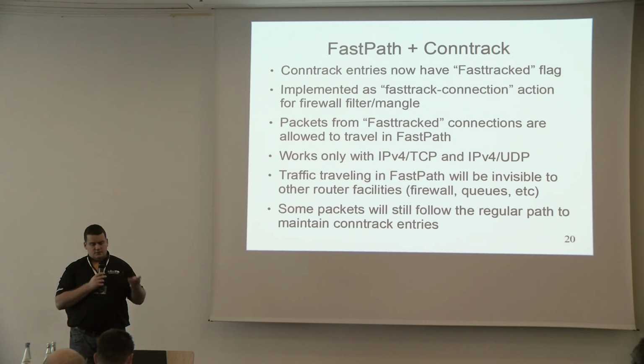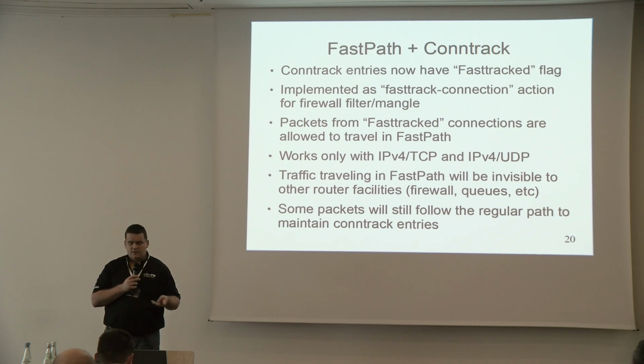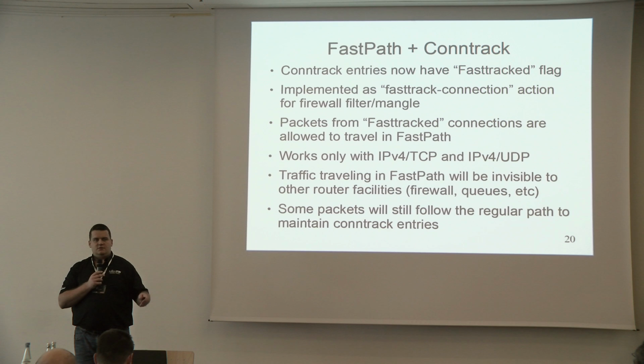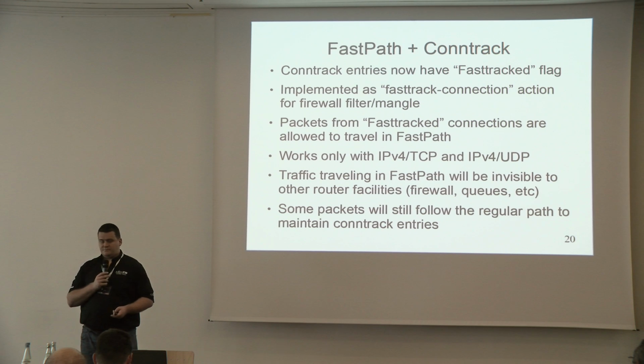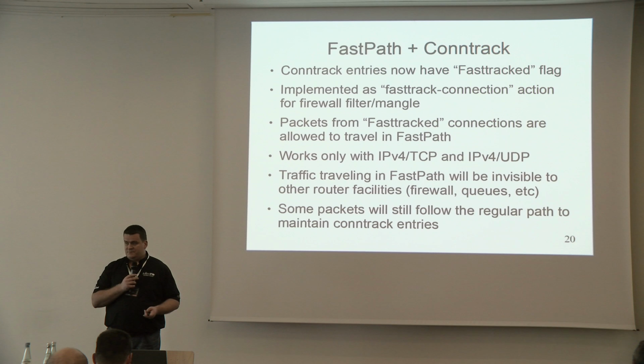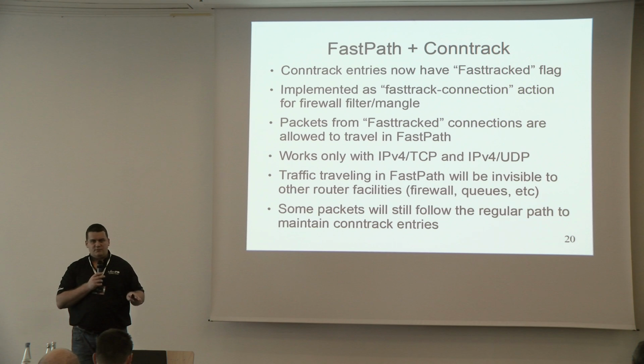And you need to realize that as soon as you add that Fasttrack connection or Fasttrack flag, that traffic will become invisible for all other RouterOS facilities. So invisible to queues and invisible to firewall. All the next packets from those connections will go straight into the FastPath. That's why they will not be seen anywhere else.